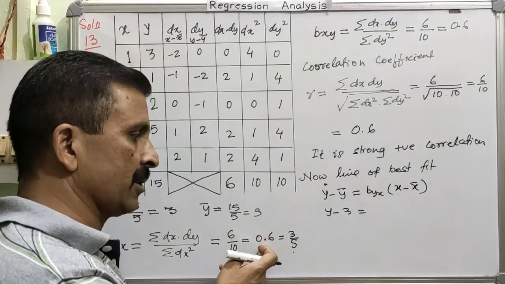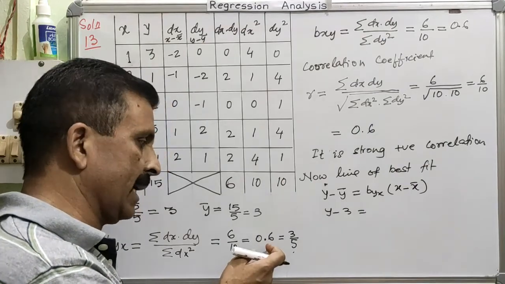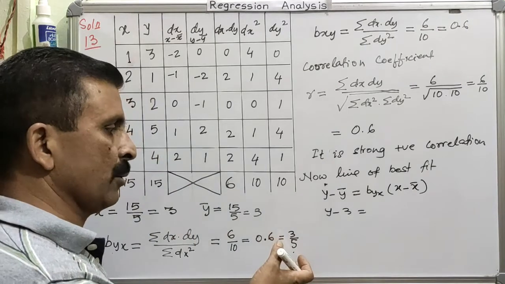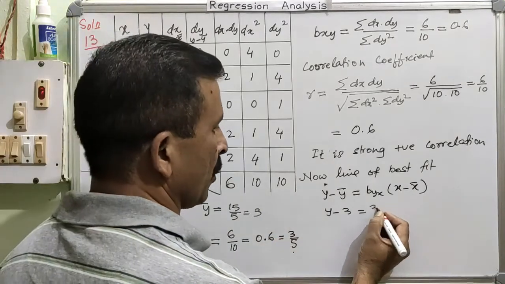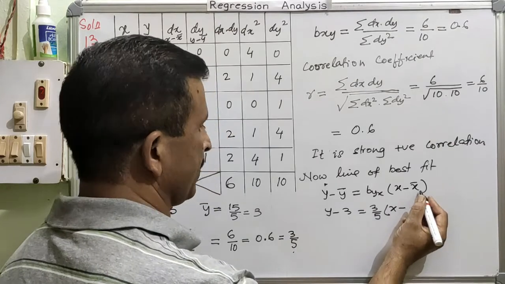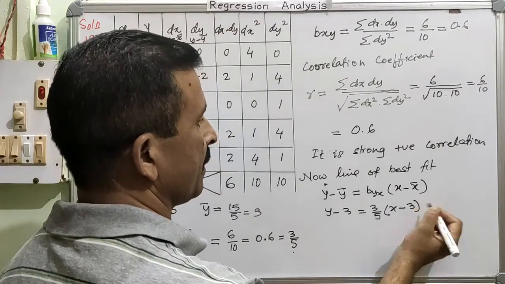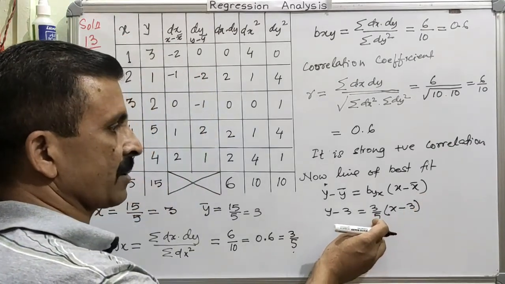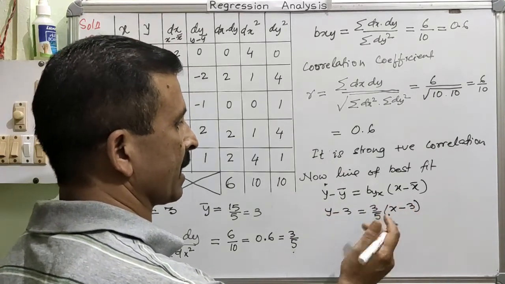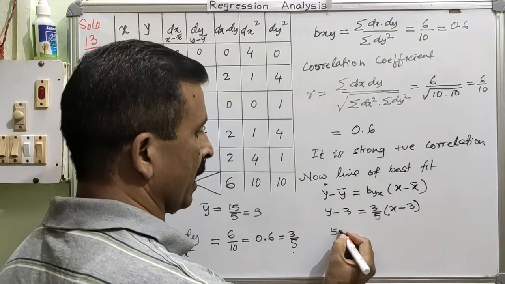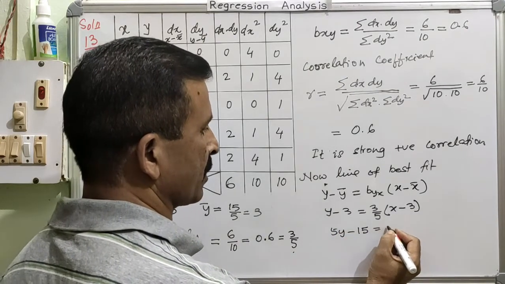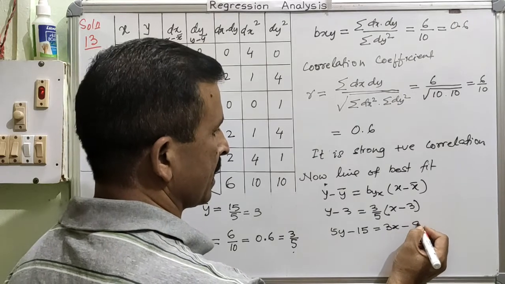I can take 0.6 also, again and again I am repeating. You can take either this value or that value, choice is yours. I am going to select 3 over 5, and then x minus x mean, which also is equal to 3. Now simplify. Let us cross multiply. 5 comes to the left side, and with 3 you multiply the right side. So it becomes 5y minus 15 is equal to 3x minus 9.